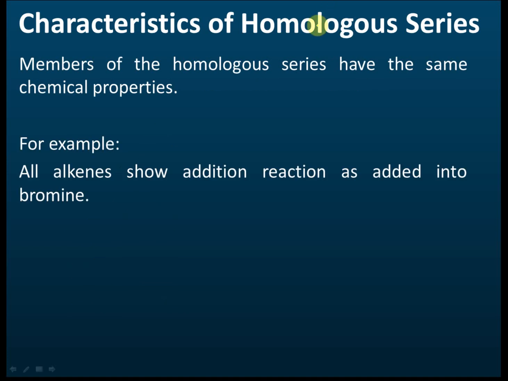Characteristic of homologous series 3: members of the homologous series have the same chemical properties. For example, all alkenes show addition reactions with bromine. When we have ethene, it can react with bromine and become C2H4Br2.